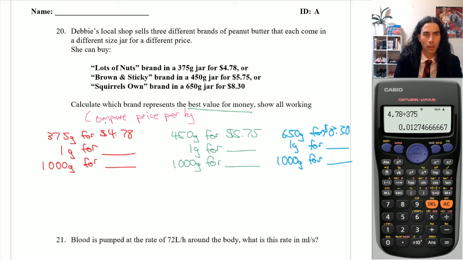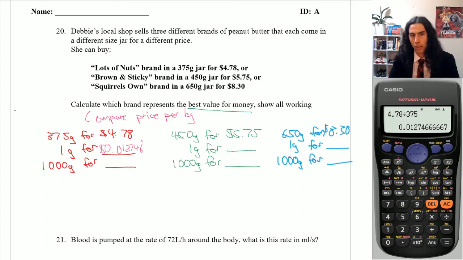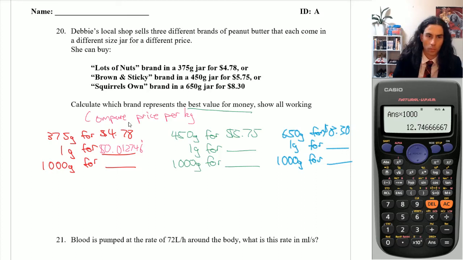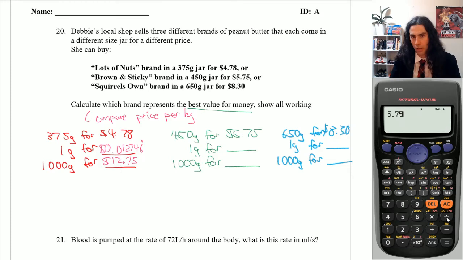We'll go with pink. 0.012746 repeater times by 1,000. 12.75 per kilo. So when you do this in Year 9, it's not an A-level question, it's like a C-level or something like that.